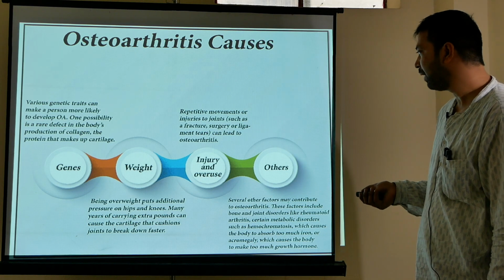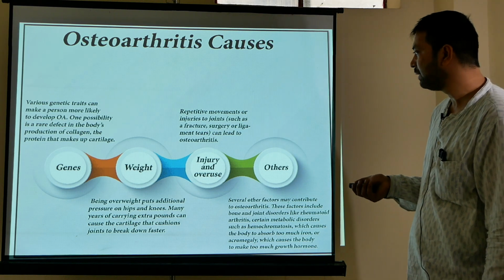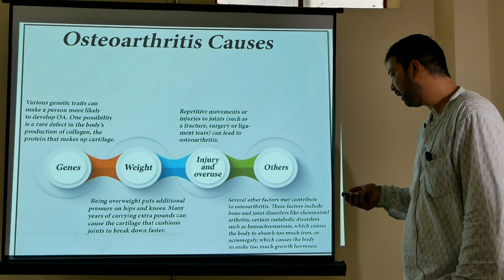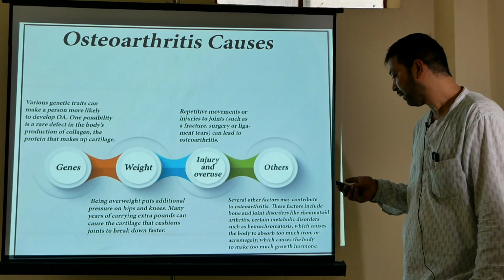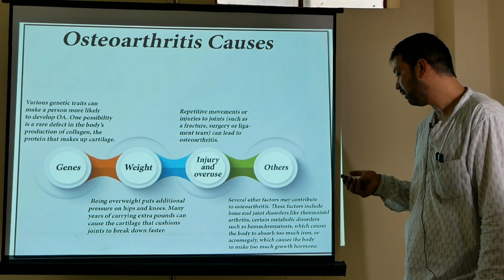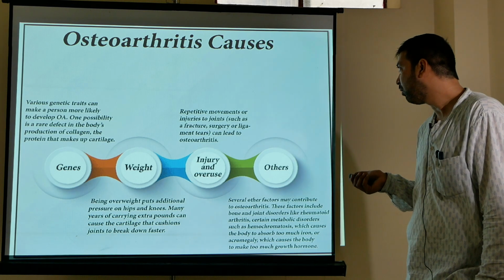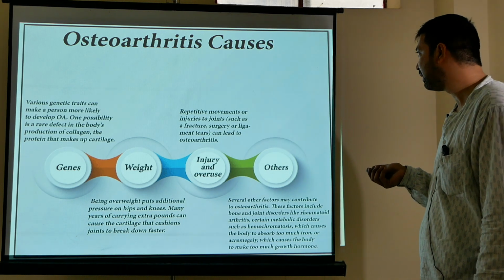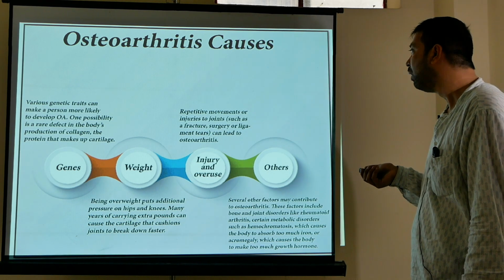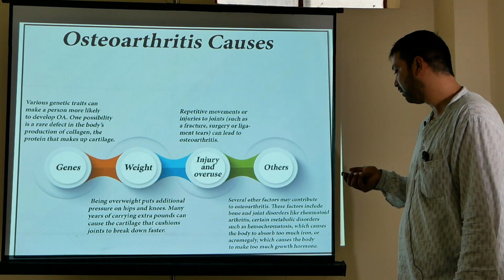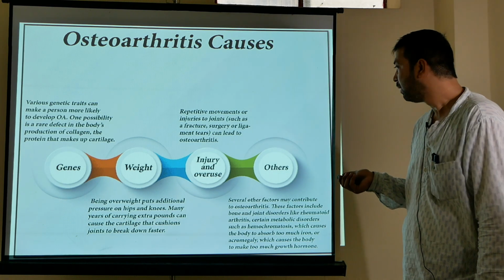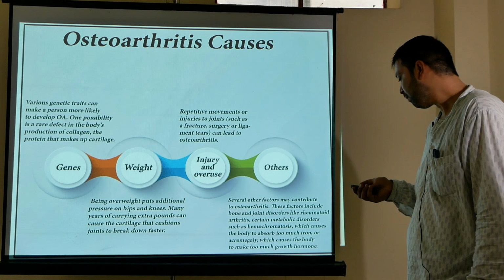Many years of carrying extra pounds causes the cartilage and cushion of the joint to break down faster. The third is injury and overuse. Repetitive movement or injury to the joint, such as fracture, surgery or ligament tear, can lead to osteoarthritis. Wear and tear phenomena occur in injury and overuse.